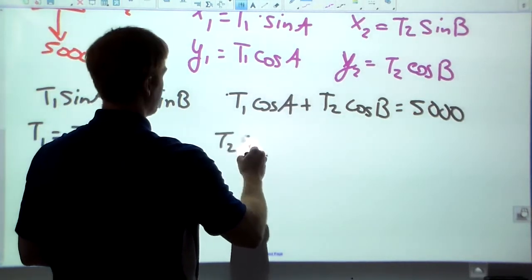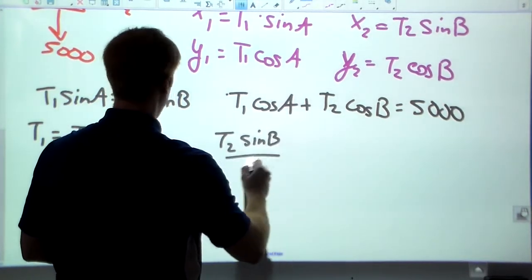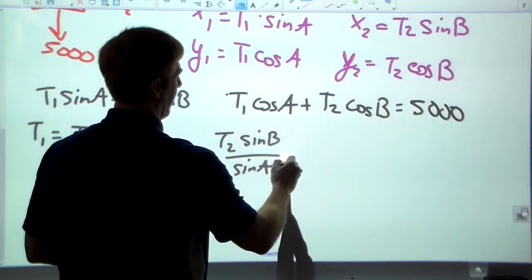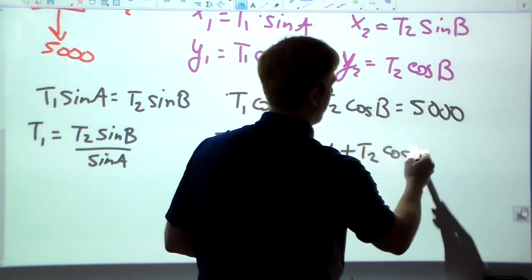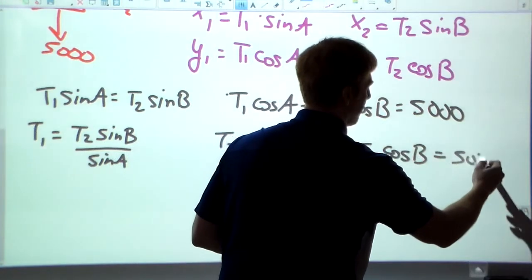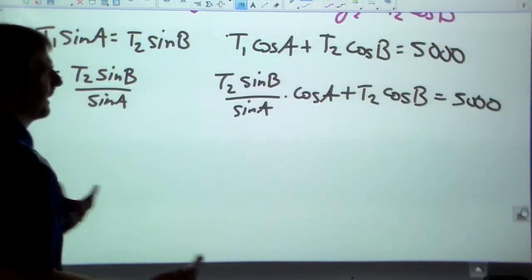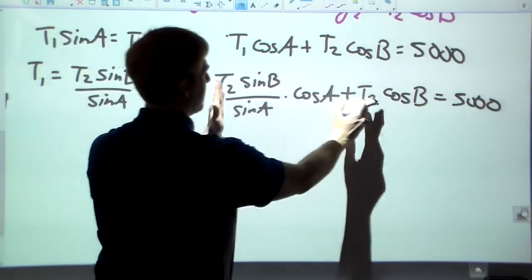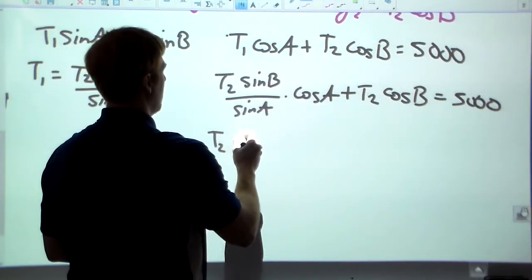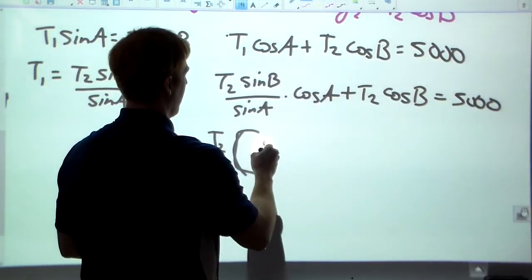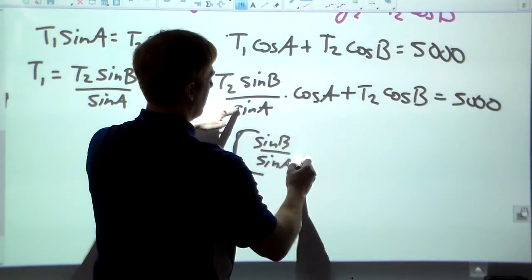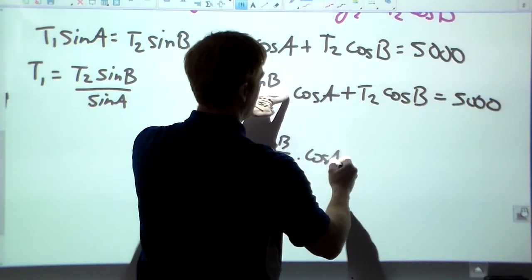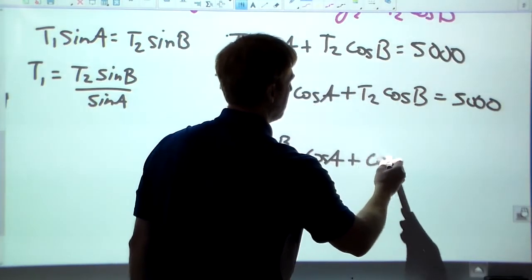So T2 sine B divided by sine A times cosine A plus T2 cosine B is 5,000. Just to make it a little bit easier to work with, I'm going to factor out this T2. When I do that, I've got sine B over sine A times cosine A plus cosine B.